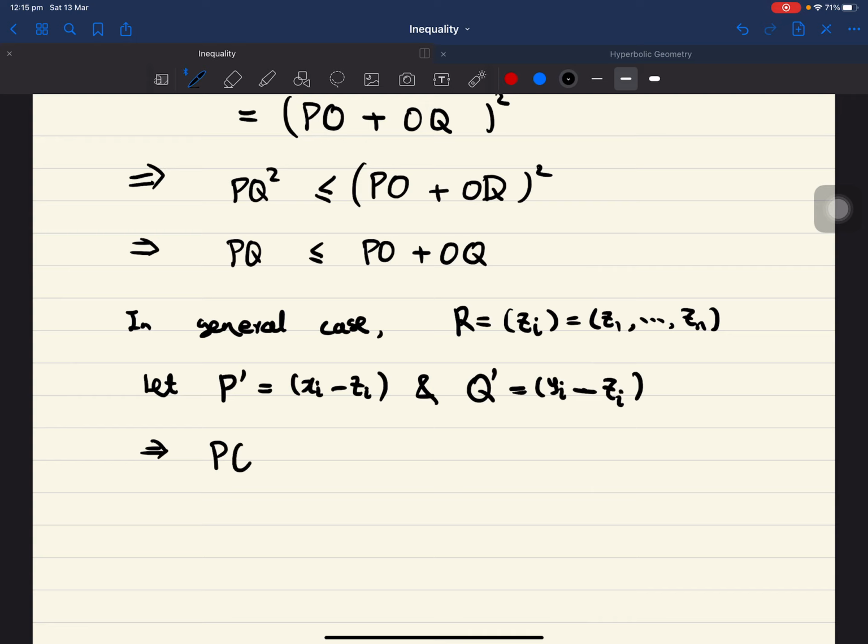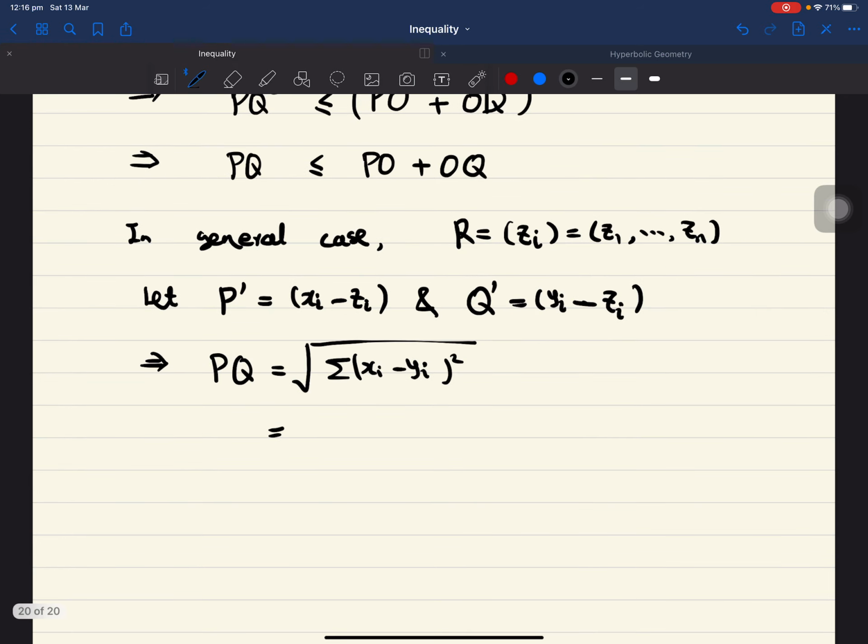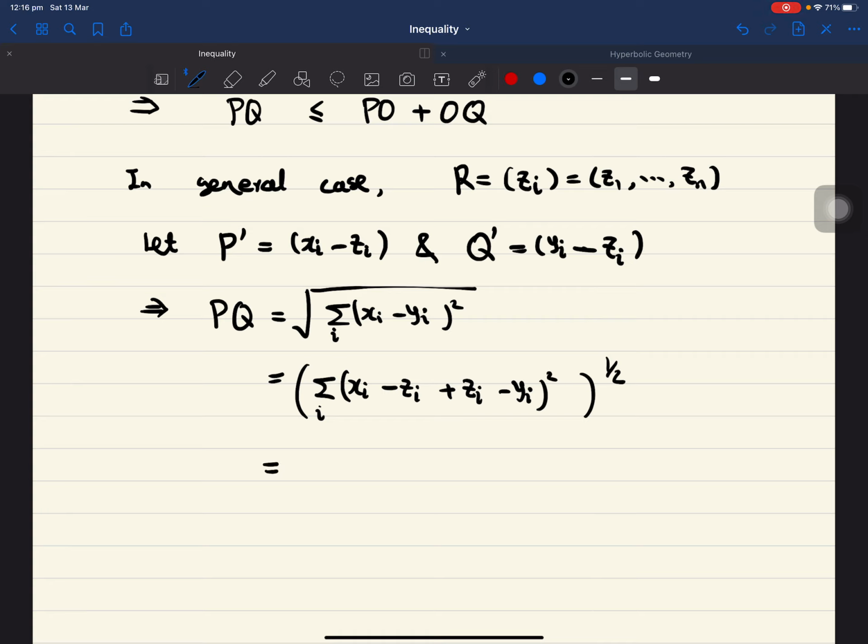Therefore, we got PQ is equal to the square root of the sum of xi minus yi all squared, which is equal to the square root of the sum of xi minus zeta i plus zeta i minus yi, all squared, that is the square root of the sum of xi minus zeta i minus yi minus zeta i, all squared.